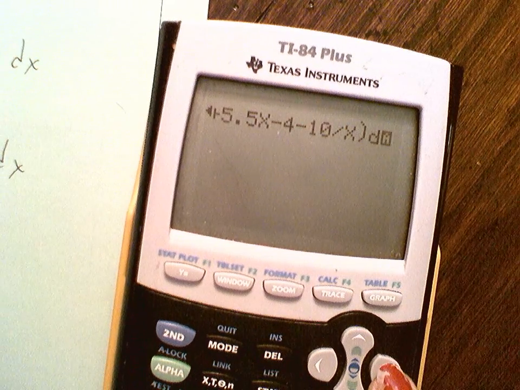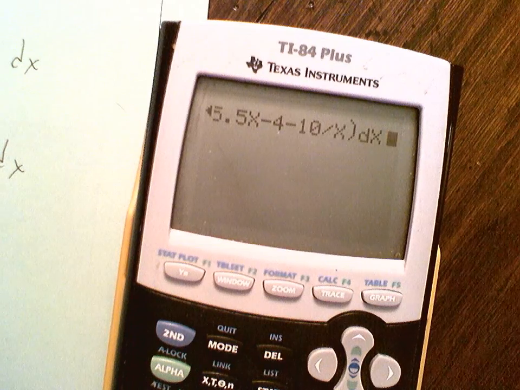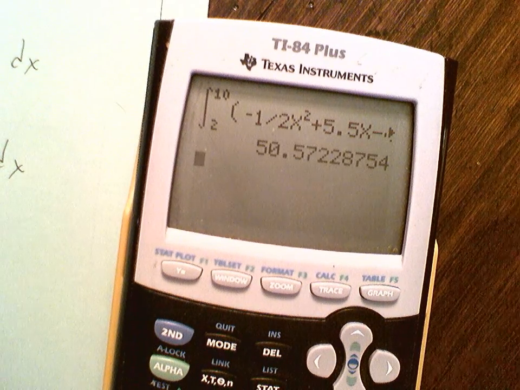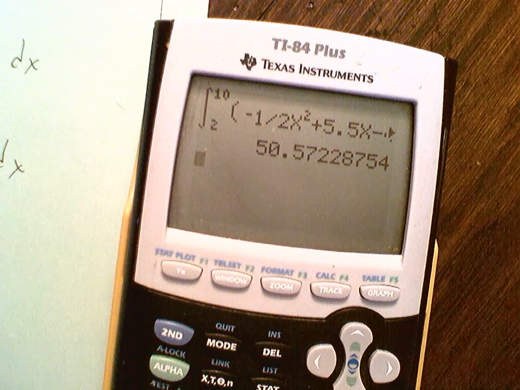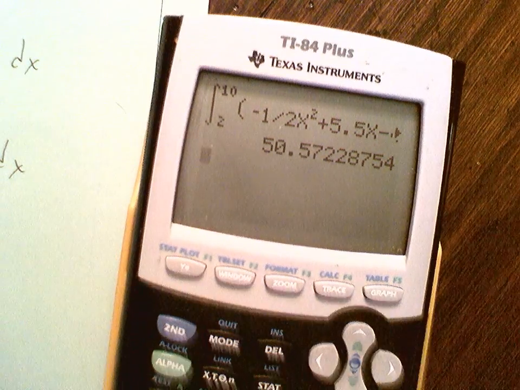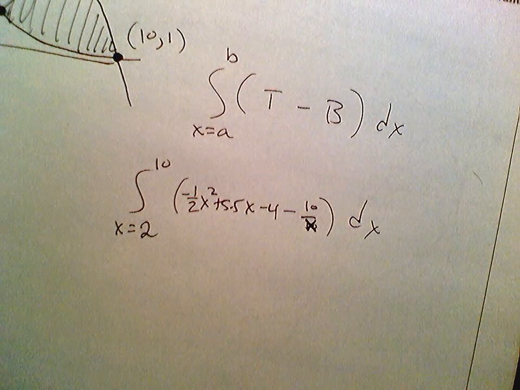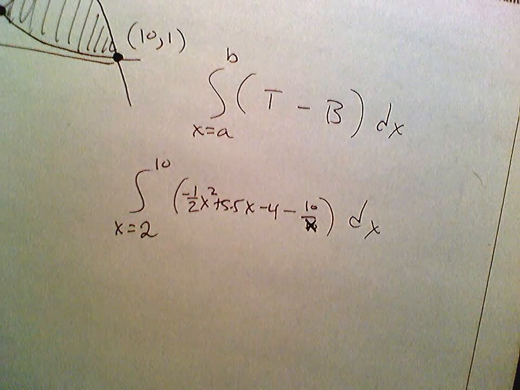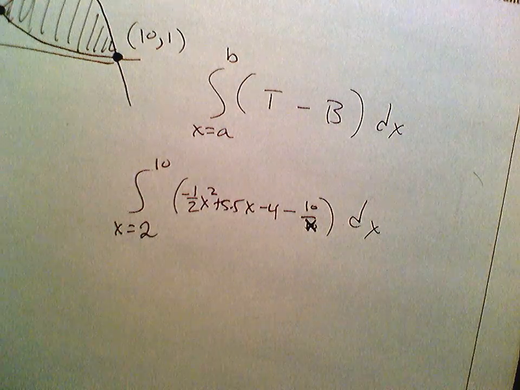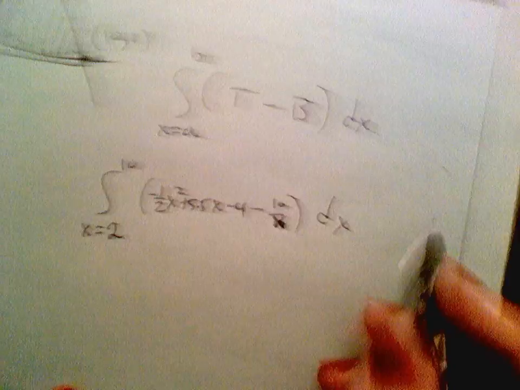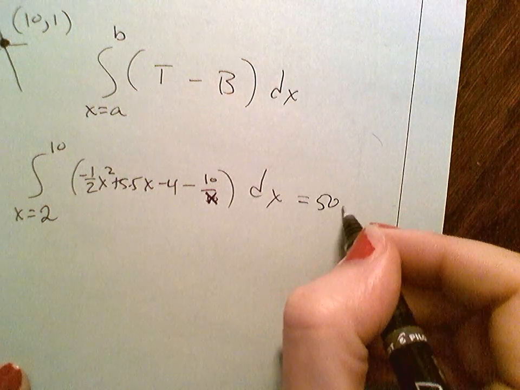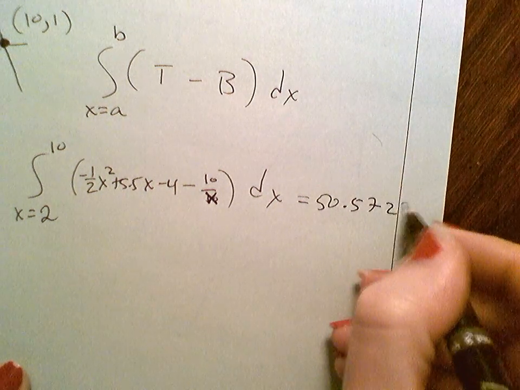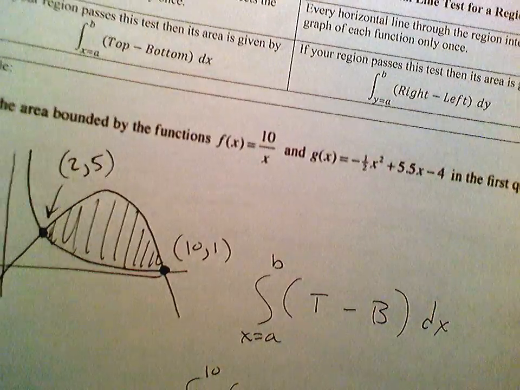I believe that is correct, unless I typed something in wrong. Let me see if I can get a fraction. Oh yeah, it's messy though. So this is 50.5723. That's the area of that region that is bounded by those curves.